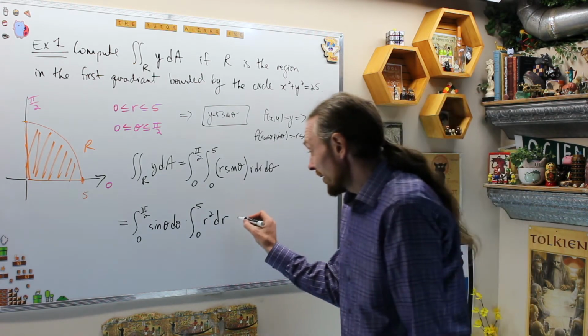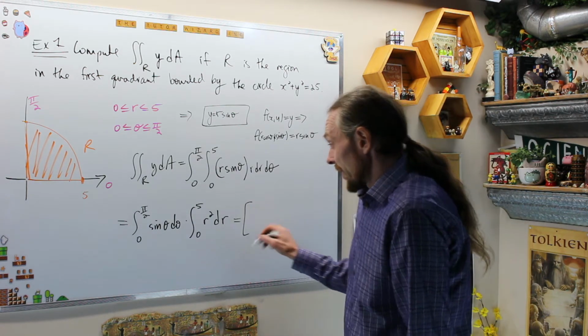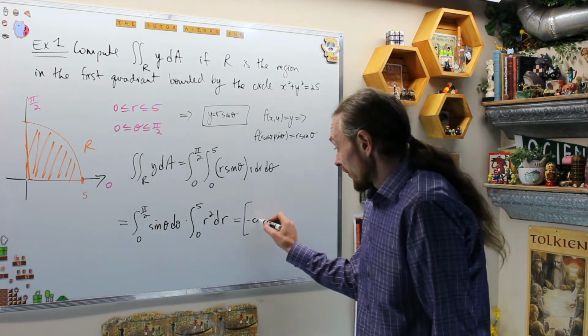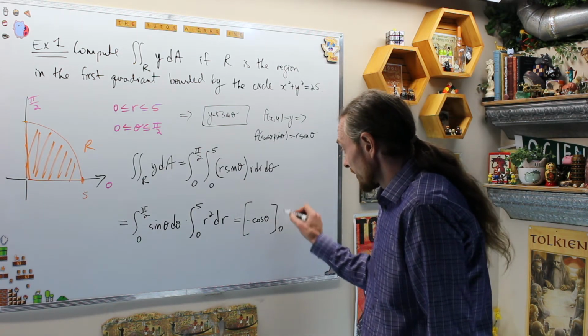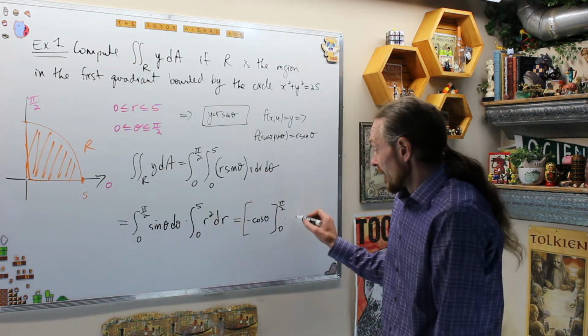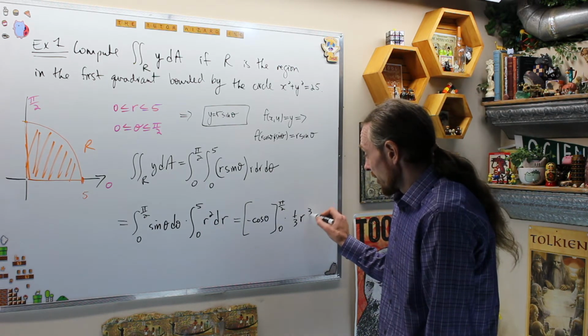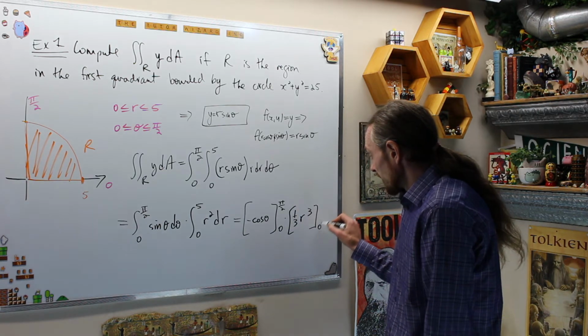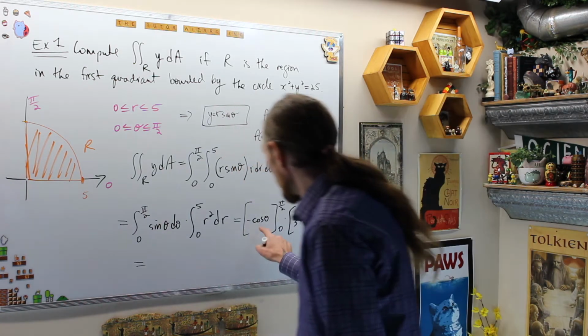What does that now give me? That's going to give me the antiderivative of this, which is negative cos theta, evaluated from 0 to pi over 2. And then this is times, what do I get? 1/3 r cubed, evaluated from 0 to 5. Here, what am I going to get?